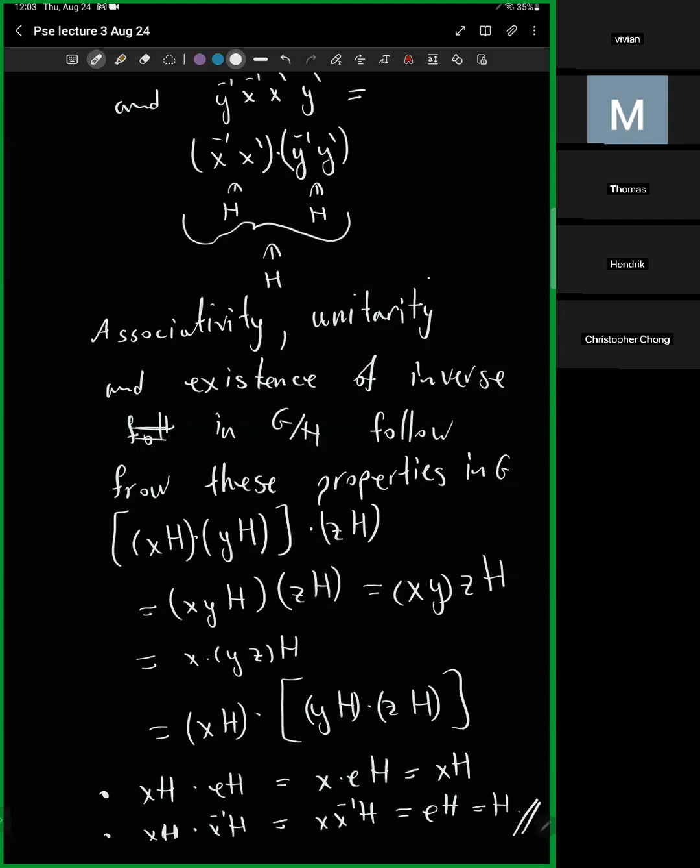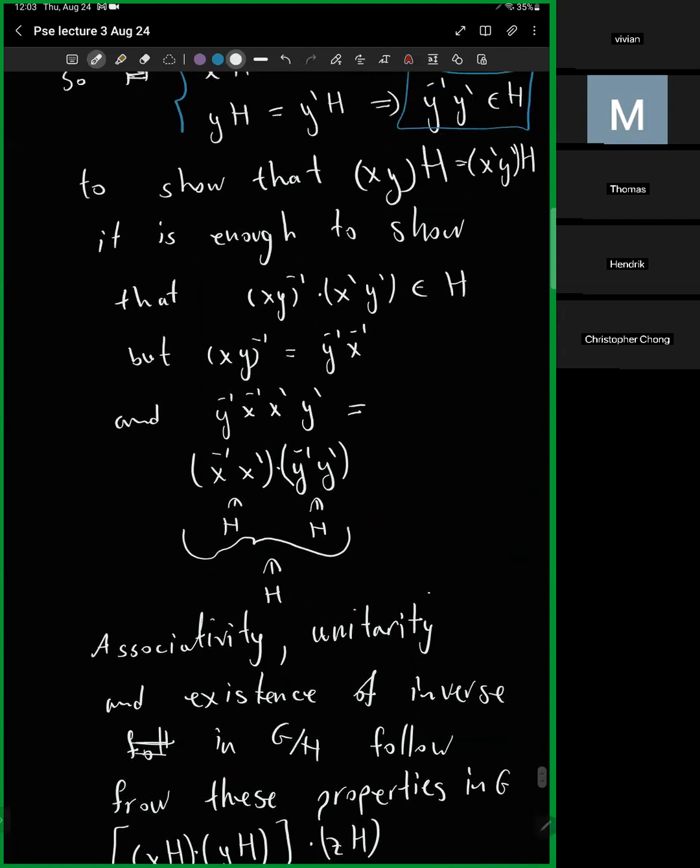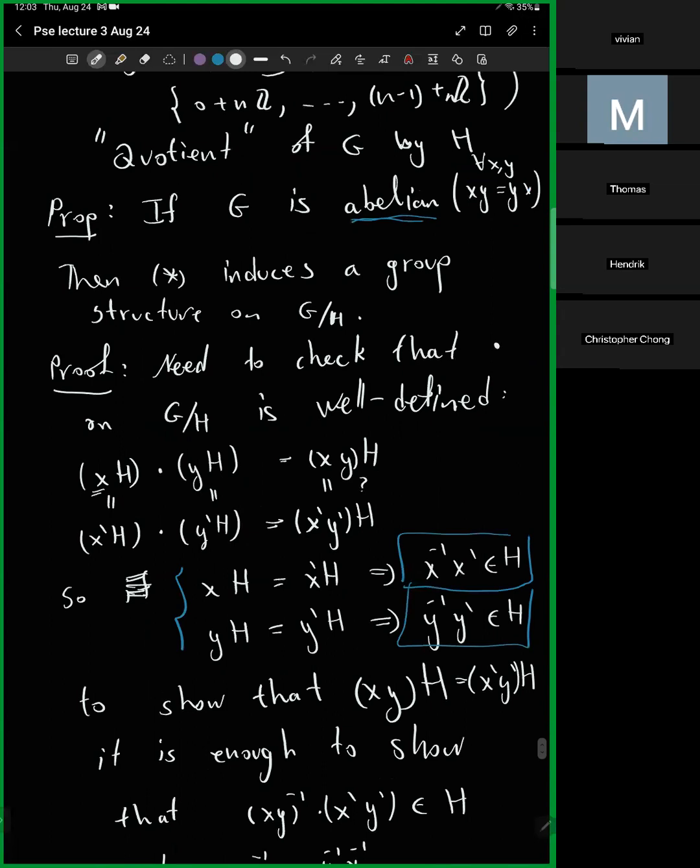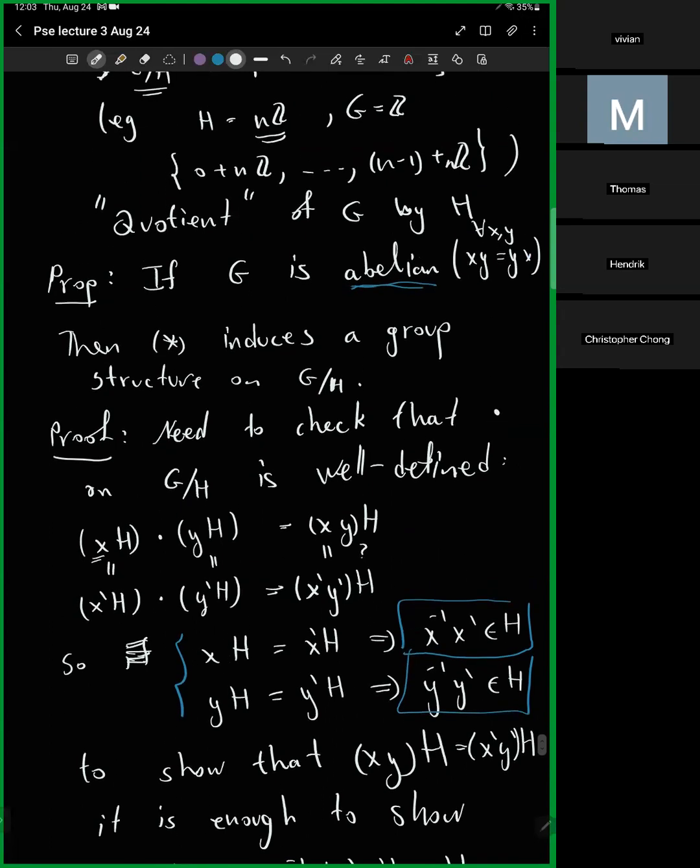Okay, so this finishes the proof. We get, under the condition that G is abelian, this collection G mod H is a group.